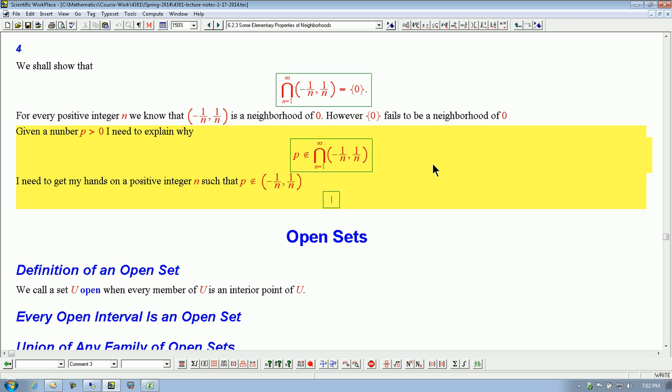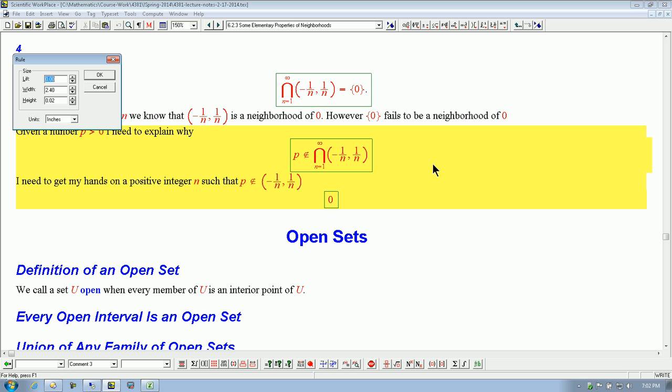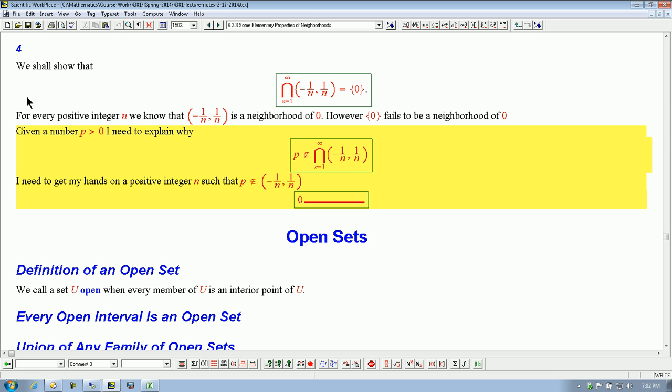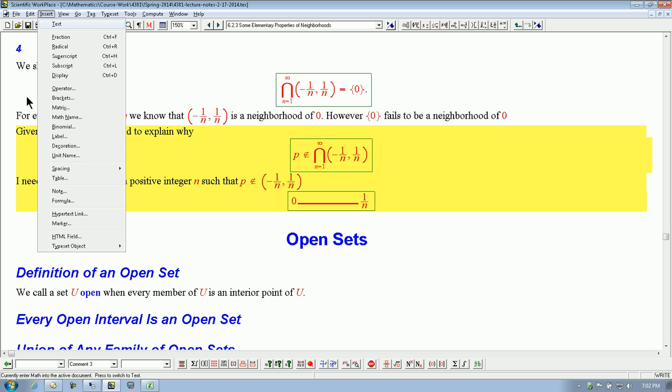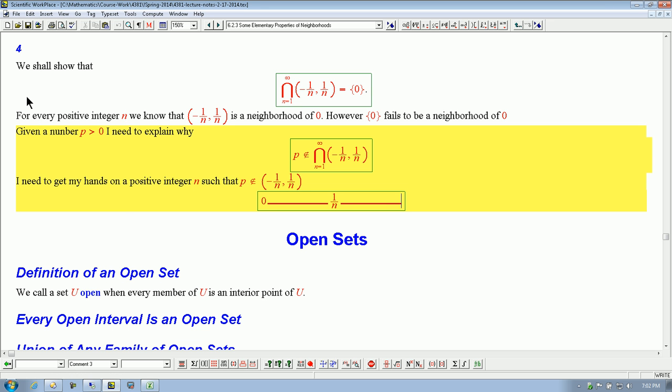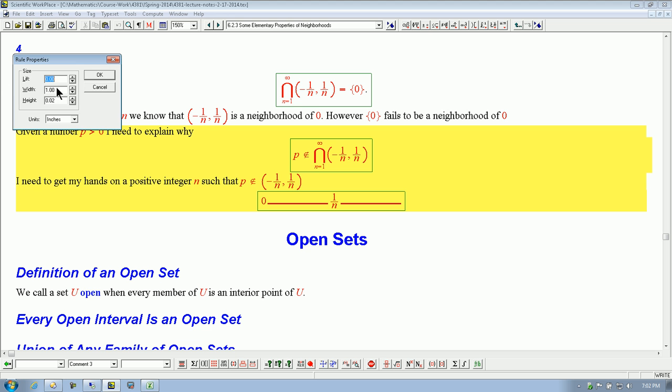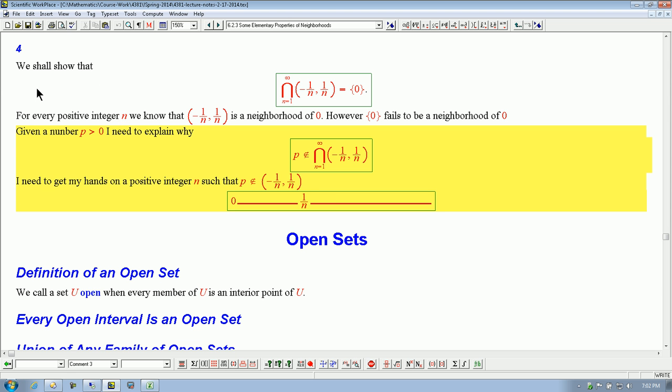Here is the number 0. Oops, doesn't look like a 0. Does that look like a 0? Right. And let's put a bit of number line. And I'll put 1 over n over here. Let's make it a bit longer, just so it doesn't look the same.